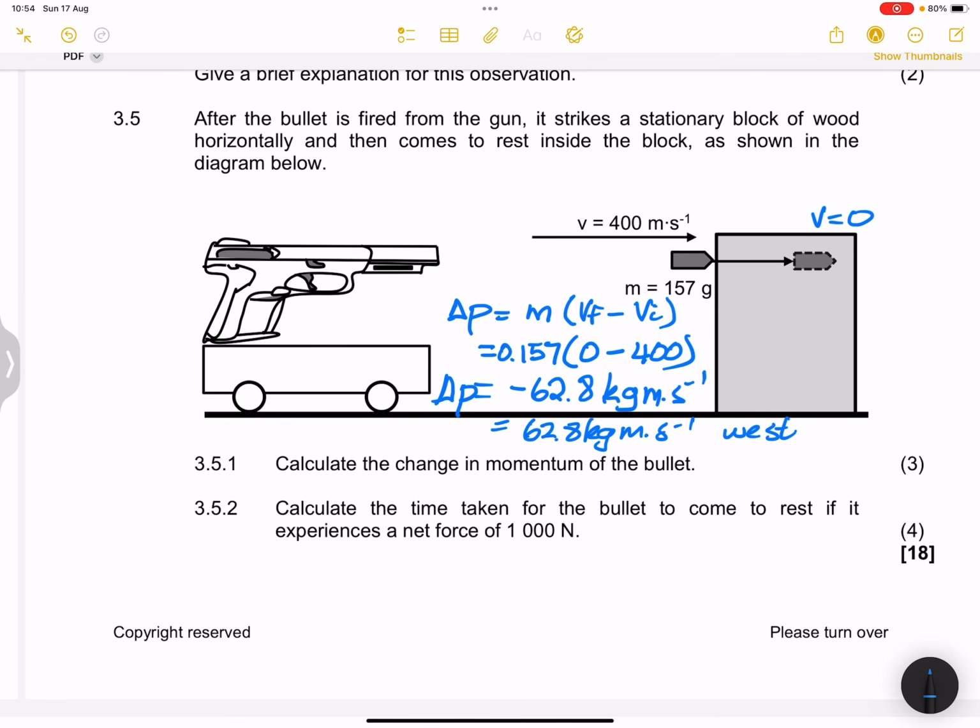We are now going to use the impulse momentum equation. F net multiplied by the change in time will be equal to the change in momentum, right? So in this case, we know that our net force is 1,000. We want to find out the time that it will take. And the change in momentum, we said, is negative 62.8. All we need to do is divide by 1,000.